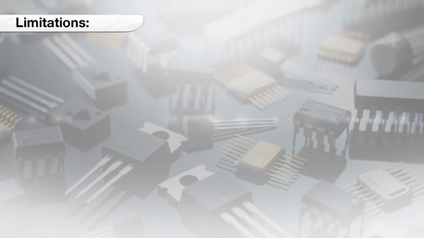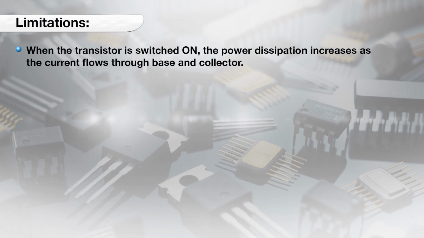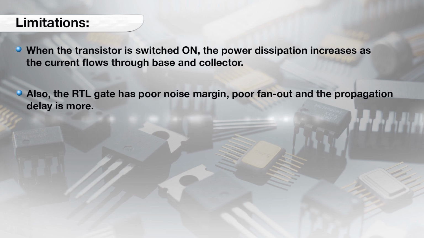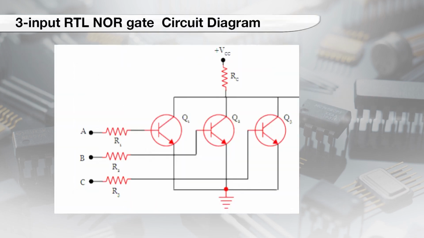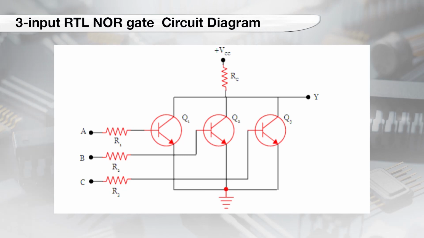The limitation is that when the transistor is switched on, the power dissipation increases as current flows through the base and the collector. Also, the RTL gate has poor noise margin, poor fan out, and more propagation delay. This figure shows the three input RTL NOR gate circuit diagram.